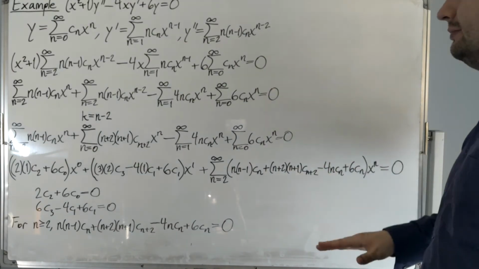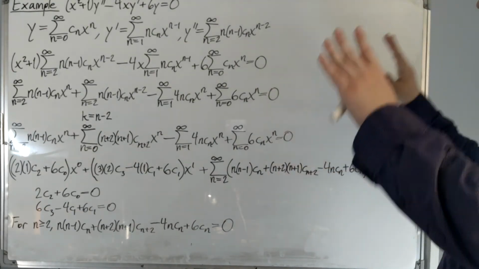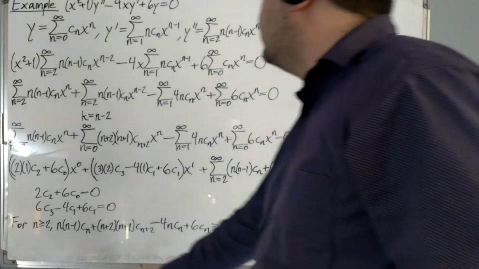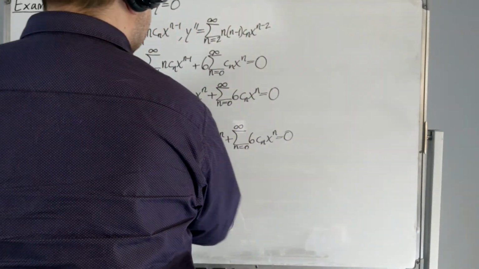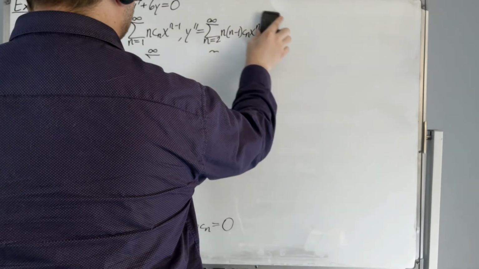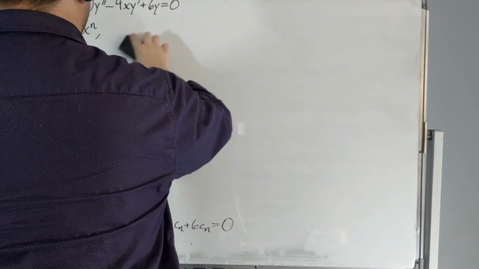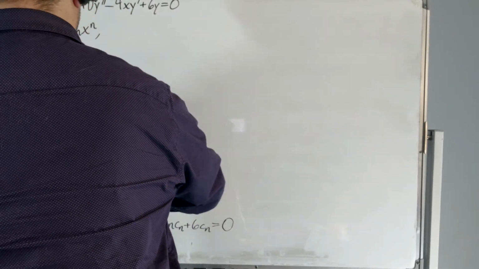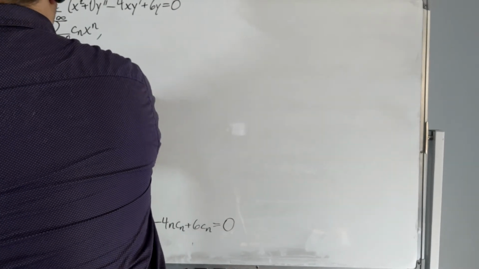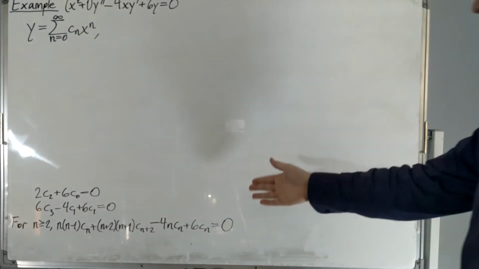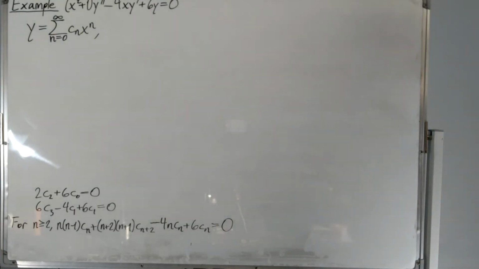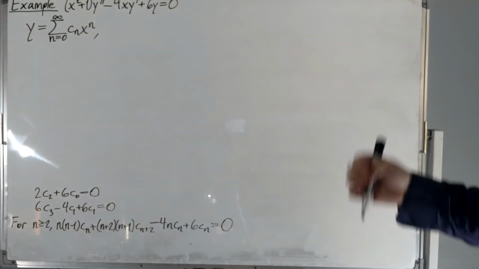So I'm going to erase some stuff. If you need it, then I would suggest pausing the video. All we need from here on is this, the recurrence relation, and what our solution is supposed to be.